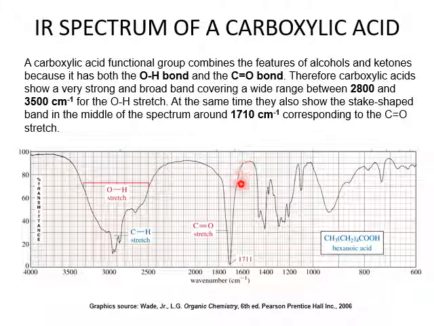When you see these two famous peaks, the broad OH peak around 3,500 and the carbonyl group around 1,700, it means the compound is a carboxylic acid because you have the OH and the C=O, the COOH group.